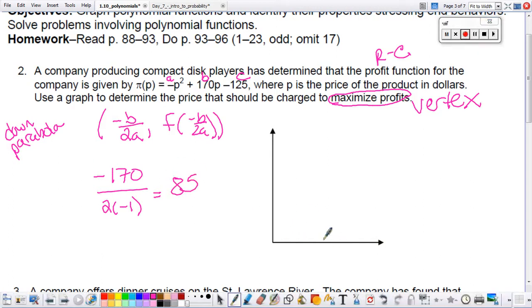If I'm going to make a rough sketch, 85 is the x value of the vertex of this parabola. Now to find the y value, whatever the maximum y value is here, we're going to take 85 and plug it back into the function. So we're going to do the profit of 85.